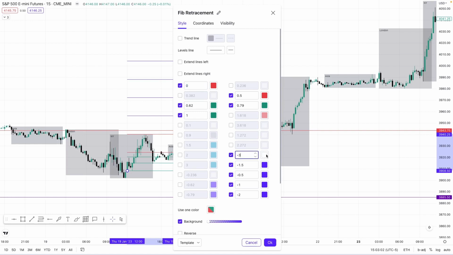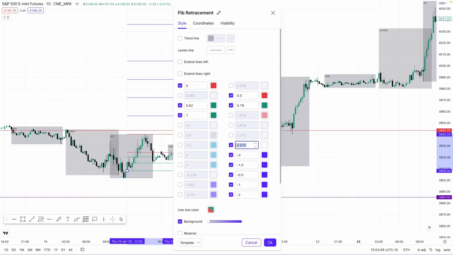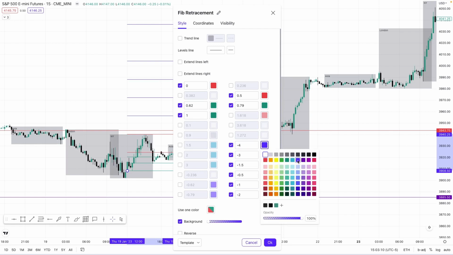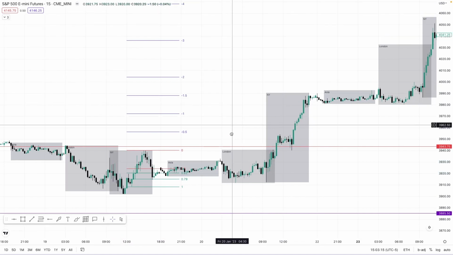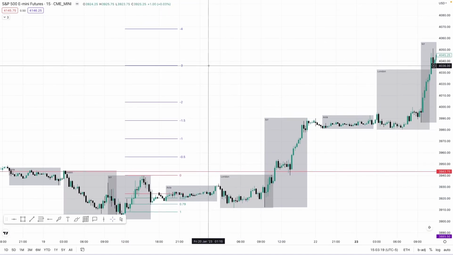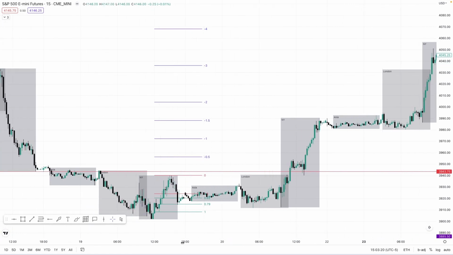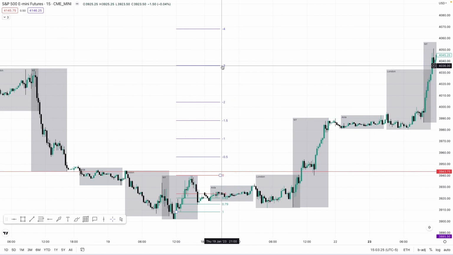You can add projections as many as you need. We have this that takes us right above here.